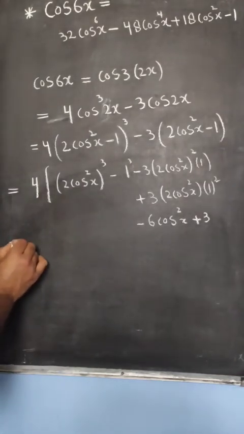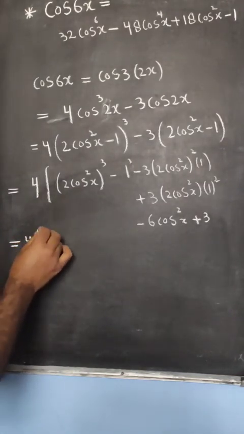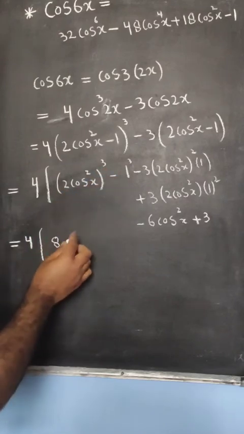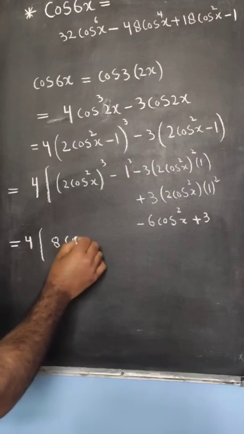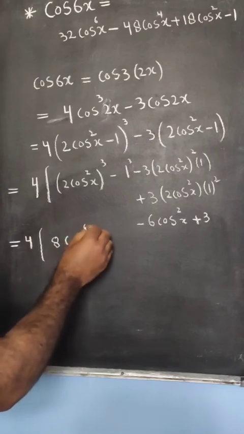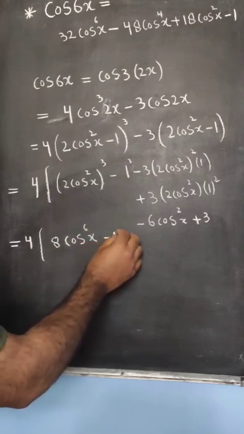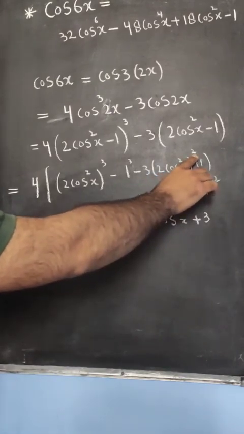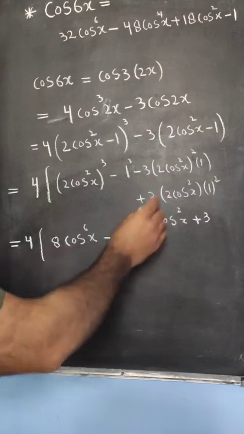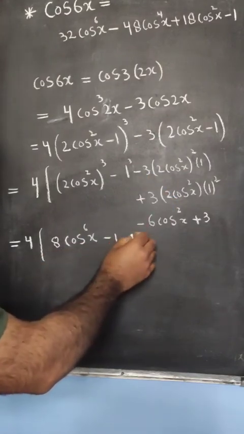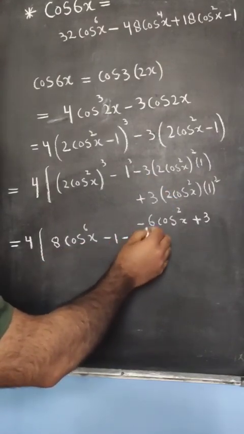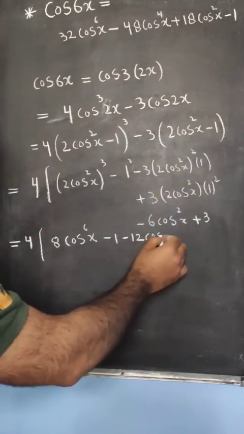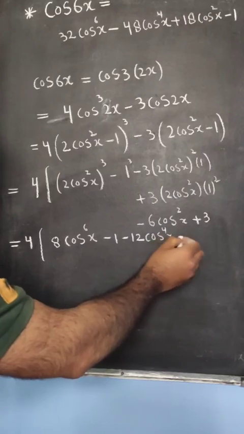That is further equal to 4 times, it's 2 cube, that is 8 cos raised power 6x, minus 1. It is 2 square, that is 4. 4 into 3 is 12, so it becomes 12 cosine raised power 4x.